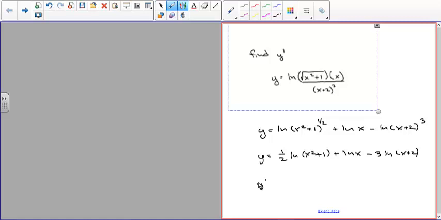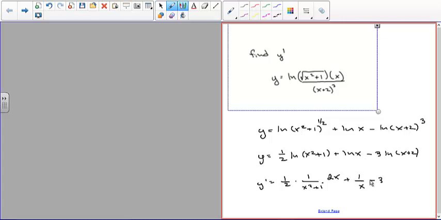And then when you take the derivative, you get 1/2. And then you take 1 over the argument of the natural log times the derivative of the argument. The next one, you don't have to do anything except just write 1 over x because it's just x.